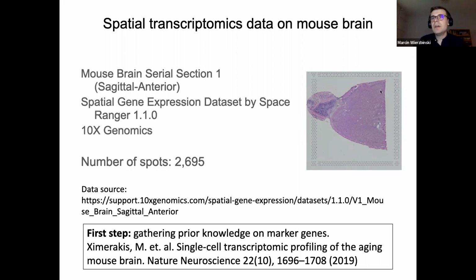Okay, and this is the image from this data set, which represents, for instance, a fragment of a mouse brain.